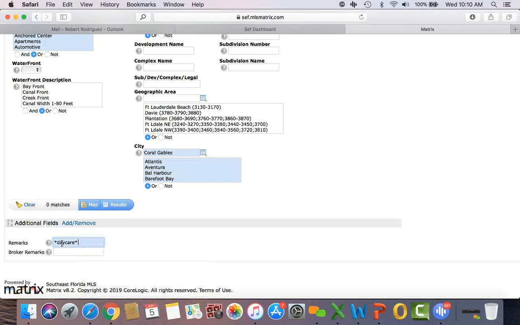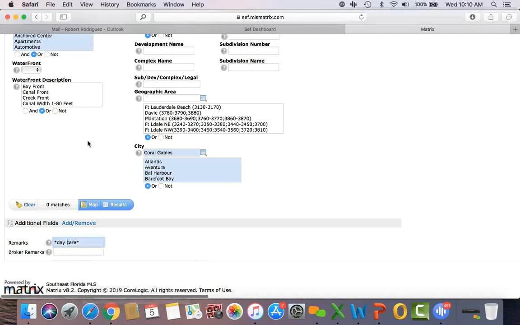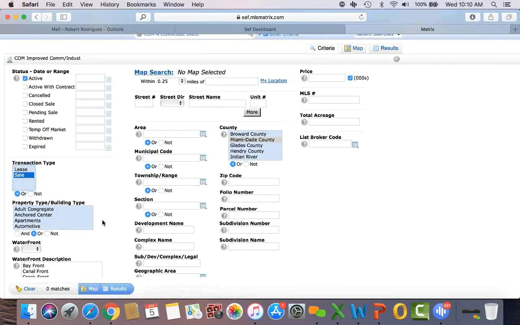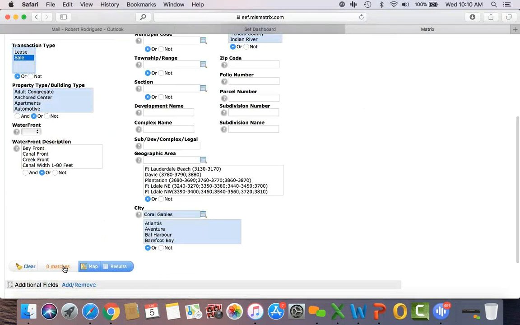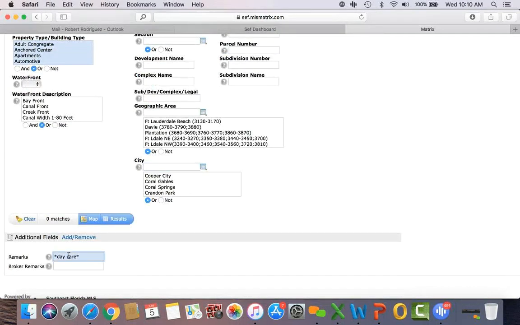And if that doesn't pull any results, then let's go ahead and space it out, daycare. And there's nothing there. Now, if I'm looking to purchase a daycare, maybe that's what I'm going to find. No daycares in Coral Gables. Let's get rid of Coral Gables. All right, and still no daycares available in Miami-Dade County.